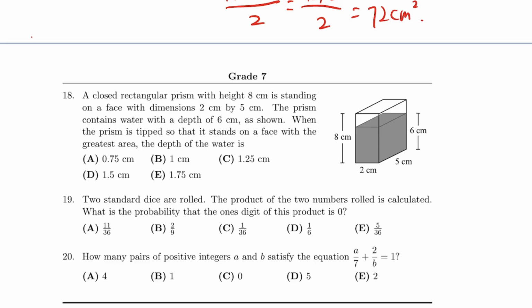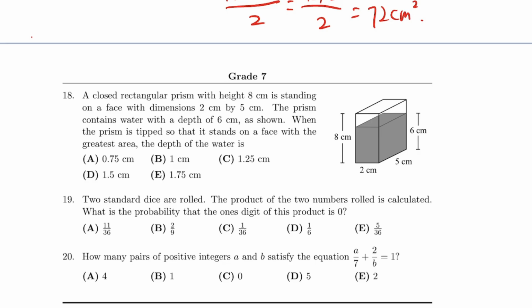The prism contains water with a depth of 6 cm as shown. When the prism is tipped so that it stands on a face with the greatest area, the depth of the water is? So the water is in the shape of a rectangular prism with a 2 cm by 5 cm base and a depth of 6 cm.